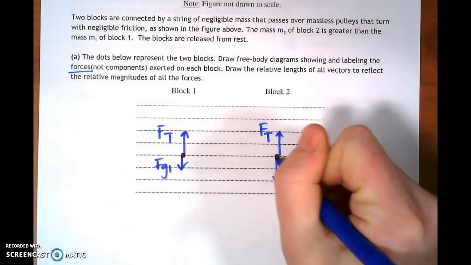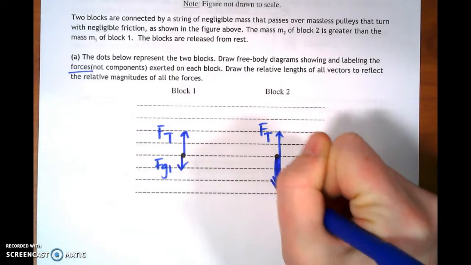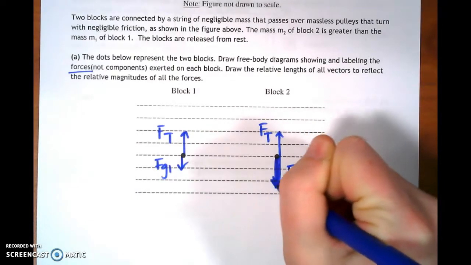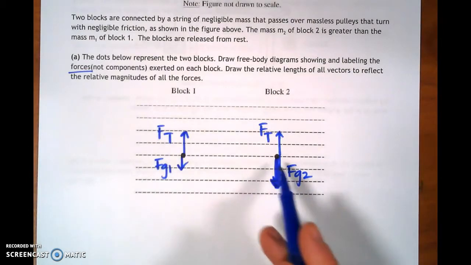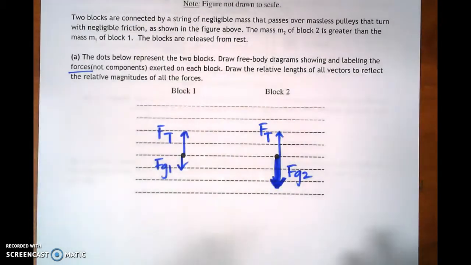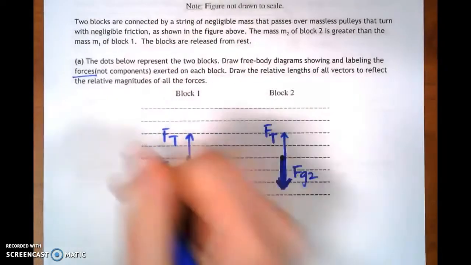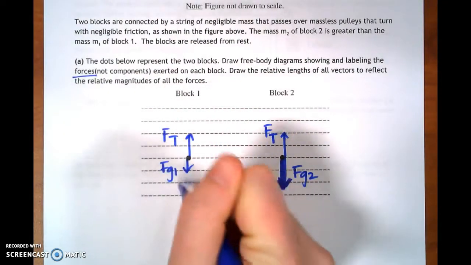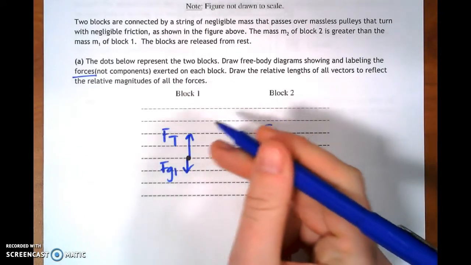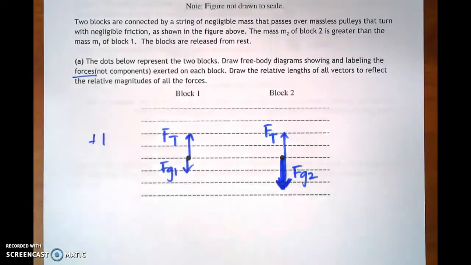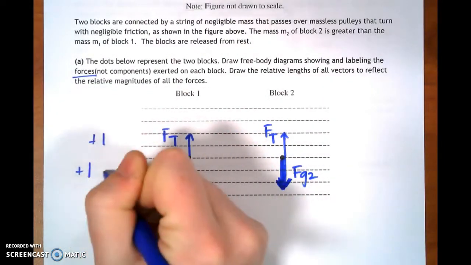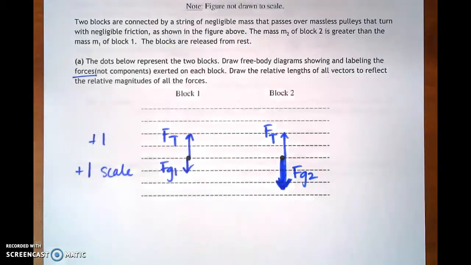So if I was going to be really careful, I would need the force of gravity on my more massive block to be a larger vector than my force of tension. I checked for two things. Did you get the right vectors on each one? So did you have these 4 vectors labeled? That was one of the points that we got. The second point was, are they vaguely to scale as represented here?